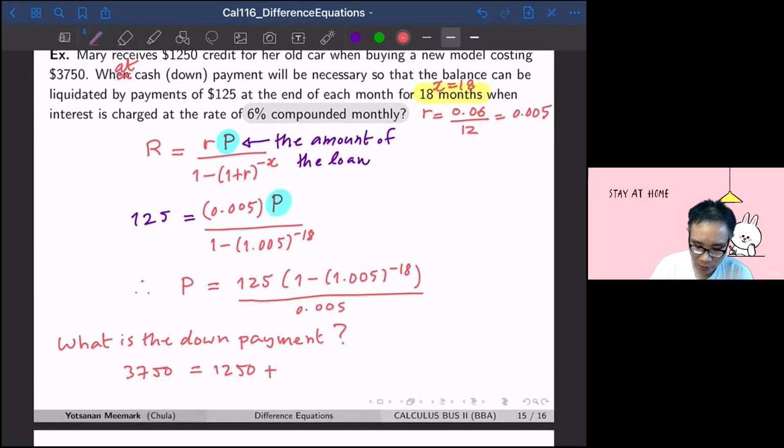It's going to be the amount of the loan plus the down payment.